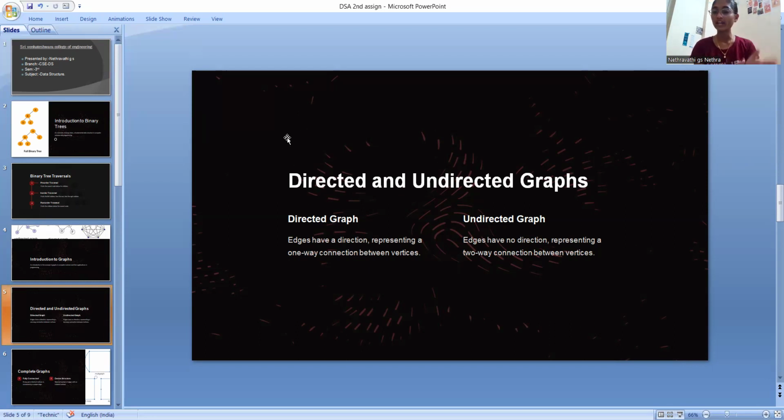But in an undirected graph, the edges have no direction, representing a two-way connection between the vertices. If A and B have an edge in the middle, it shows that A is connected to B and B is connected to A, vice versa. But in a directed graph, a particular direction is mentioned and one-way connections between the vertices exist.